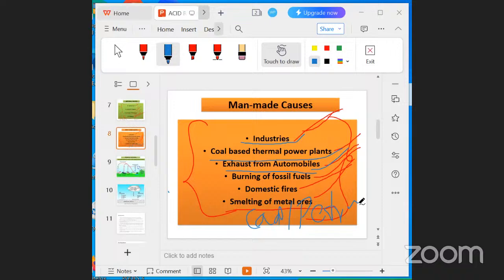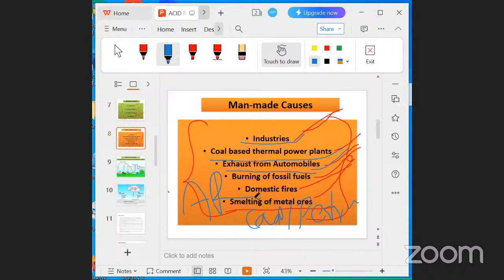So whenever they undergo this process of conversion, they release oxides of carbon and oxides of nitrogen as well as sulfur into the atmosphere. So these three main gases, which ones? Nitrogen oxides, carbon oxides, and sulfur oxides. These three main gases are responsible for causing acid rain.